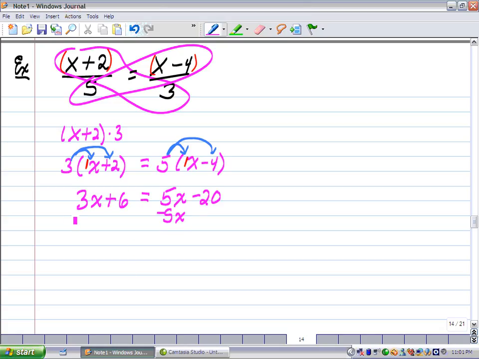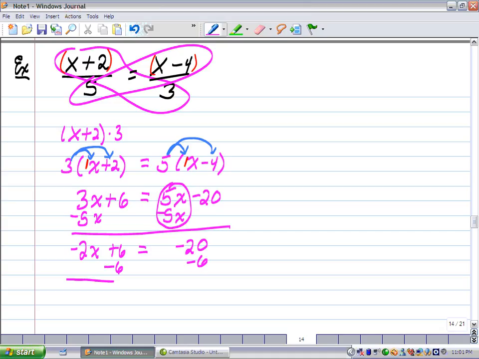I want to get the x's on the same side, so I'm going to subtract 5x from both sides, giving me negative 2x plus 6. On the left, 5x and negative 5x is 0. 0 minus 20, negative 20. Subtract 6 from both sides. Gives me that 0 there. Negative 2x is negative 26.